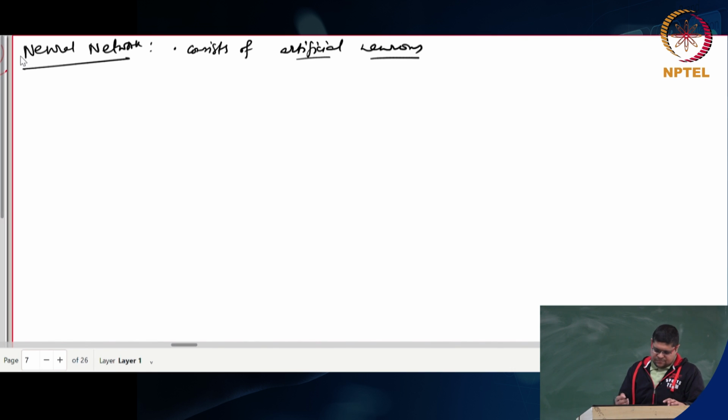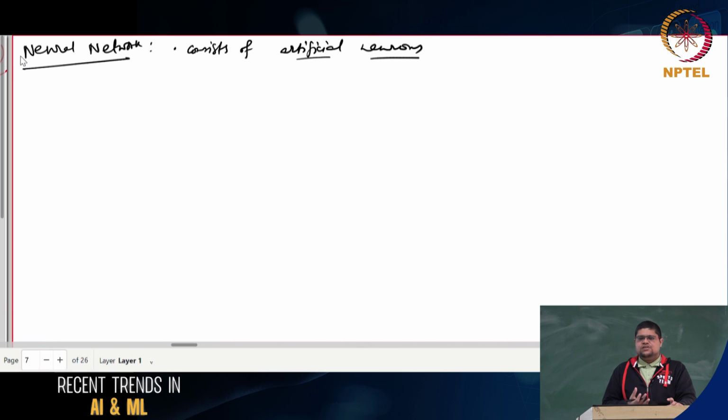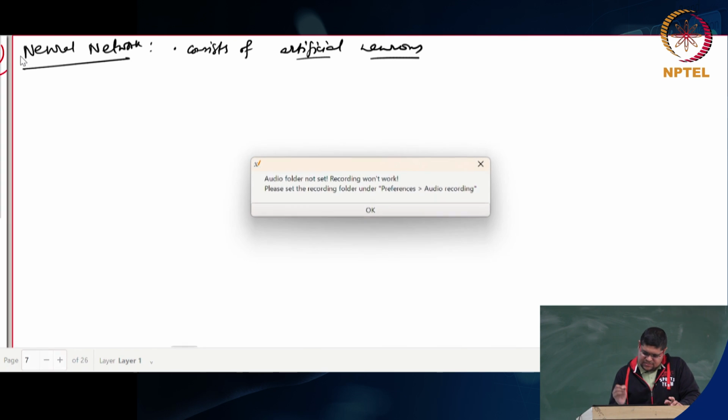And just like in the human brain, signals are transmitted from one neuron to another neuron, here also some transmission is there.